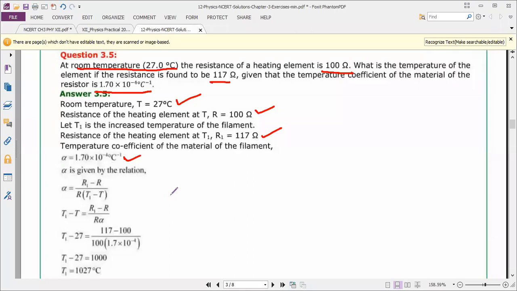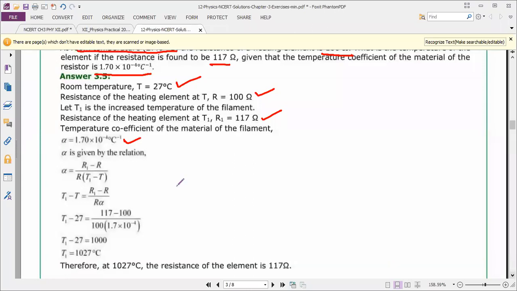Alpha equal to R1 minus R divided by R into T1 minus T. Now you need to find the value of T1, that is the increased temperature.